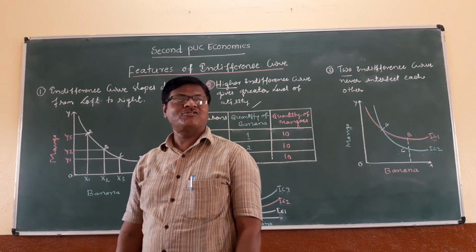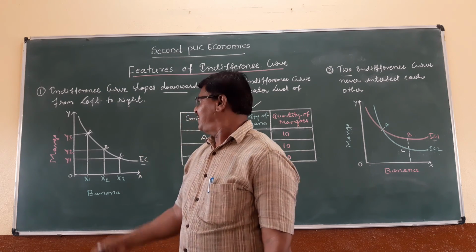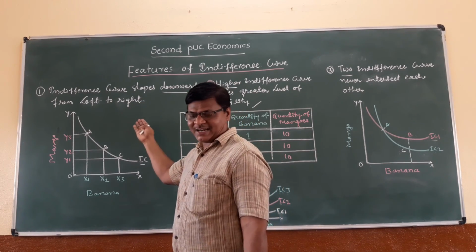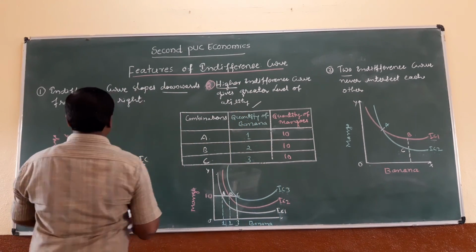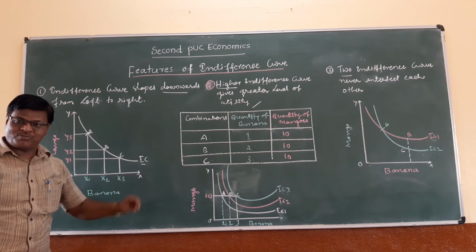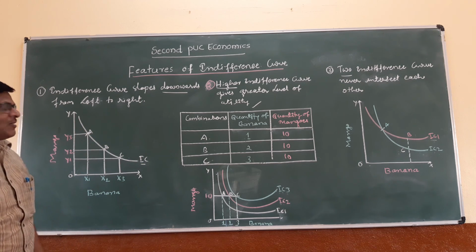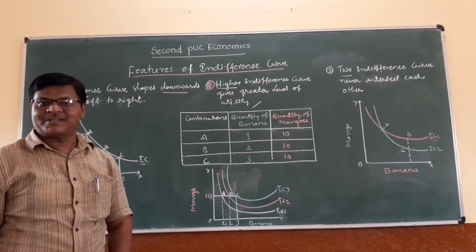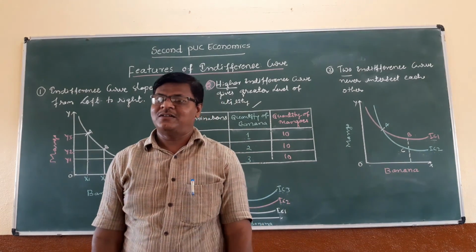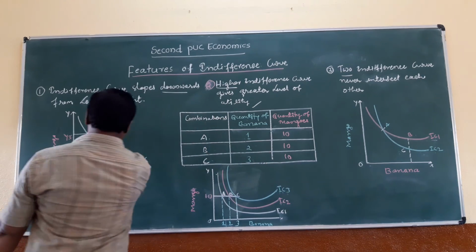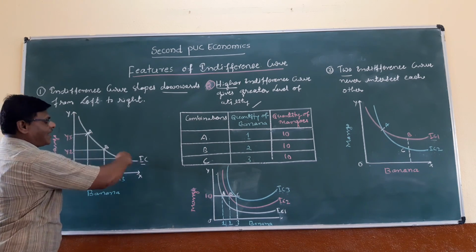The first feature of the indifference curve is that it slopes downwards from left to right. The indifference curve has a negative slope. Why the negative slope? Why does the indifference curve slope downwards from left to right?